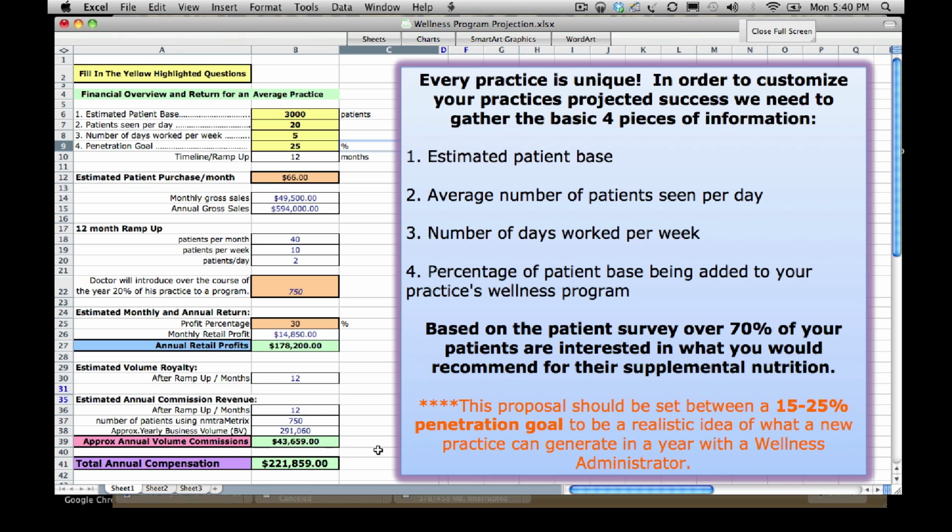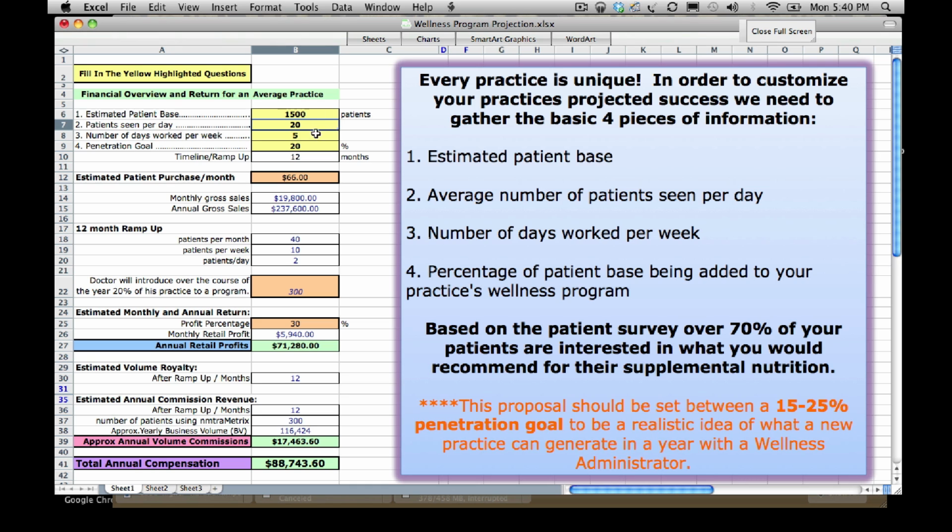Now bear in mind, we want to over deliver. So I like to keep this number at the maximum of 20%. And this number is going to be dictated based on the amount of patients that the doctor has. So let's lower the number and put that they have 1,500 patients. Then you see the annual compensation drop to $88,743. Okay, so it's very simple to use.